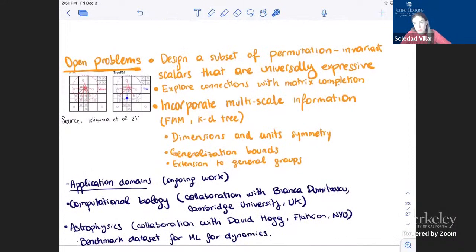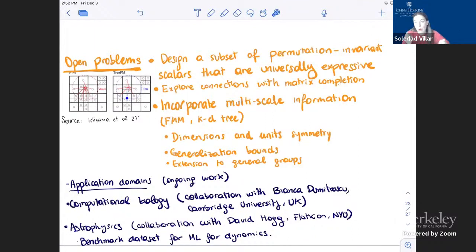What people use in practice are these fast multipole methods that are based on multipole expansions, and basically they take the space and they have a decomposition of the space into small quadrants. So if I have a particle here, instead of looking at all pairwise interactions, I will look at the interactions with the center of the panel that is very far away. That's the fast multipole method. I don't know if you are familiar, but basically that's what it does.